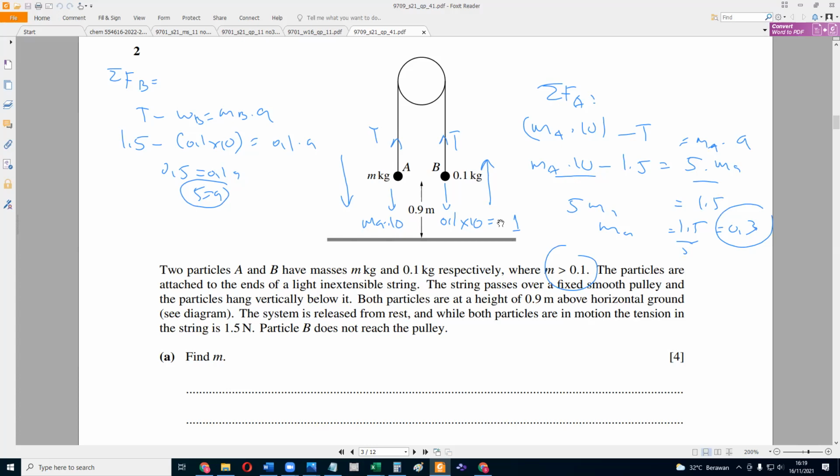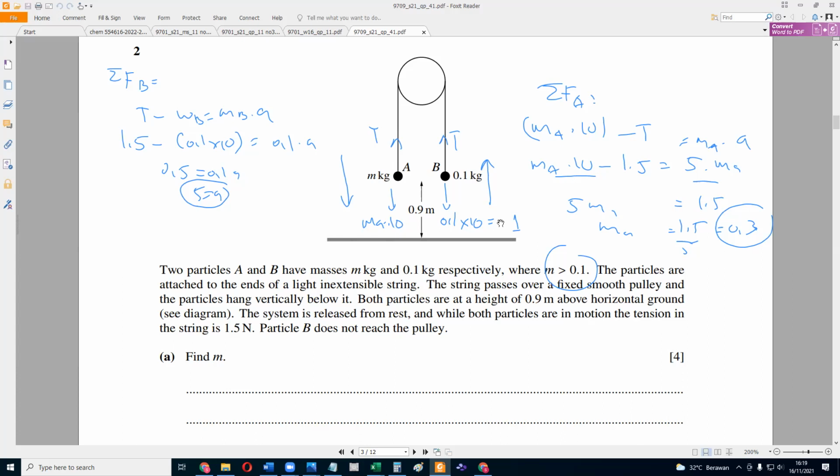So in this case, for A, going down is positive. The weight of A is positive with respect to A, because the weight of A makes it go forward. The tension from the point of view of particle A is negative because it is going to pull it backward.